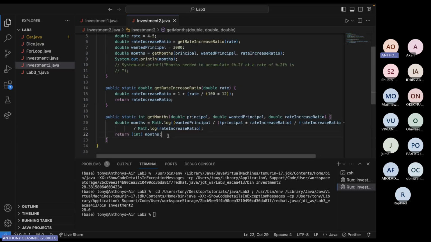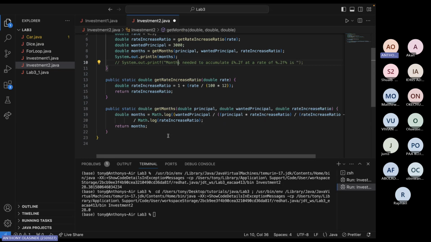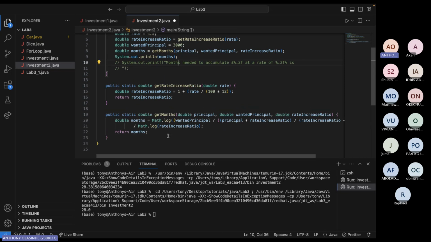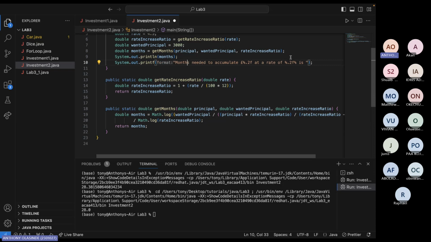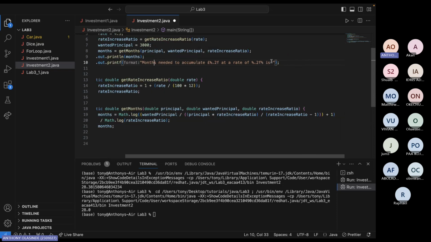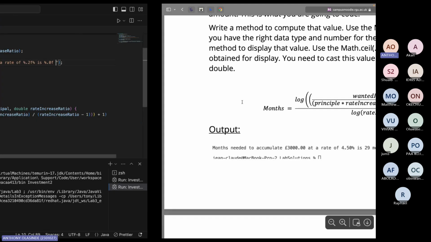If you want to stick with what we had before, which is double, that's also fine. But what we'll do here is %.0f. So no decimal place. It's the same thing as actually converting it.